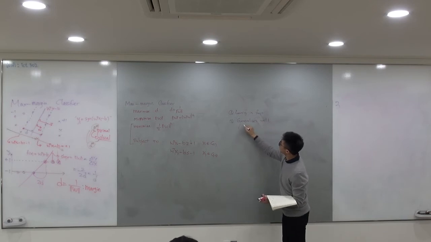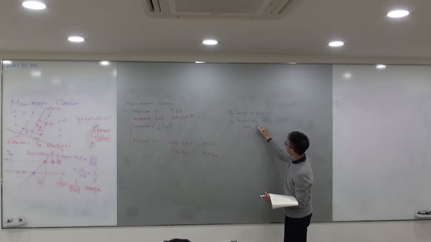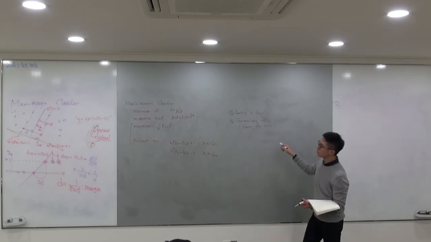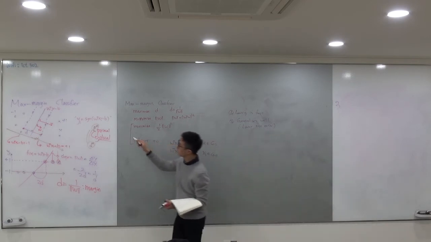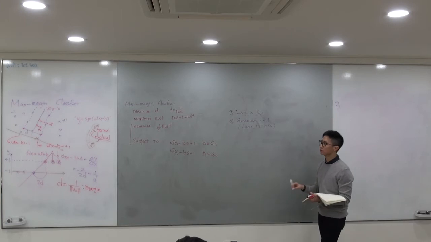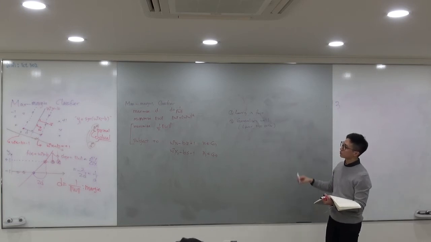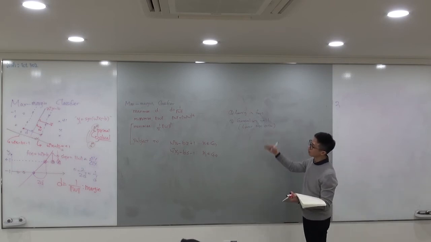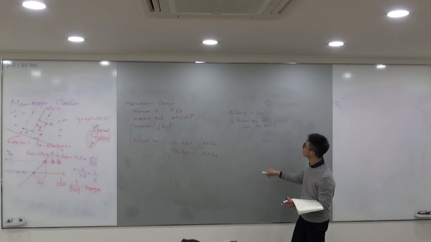In other words, it has lower test error because selecting maximum margin has some learning theoretical background. For example, minimizing the VC confidence bound, it tends to perform well compared to other kinds of linear classifiers.